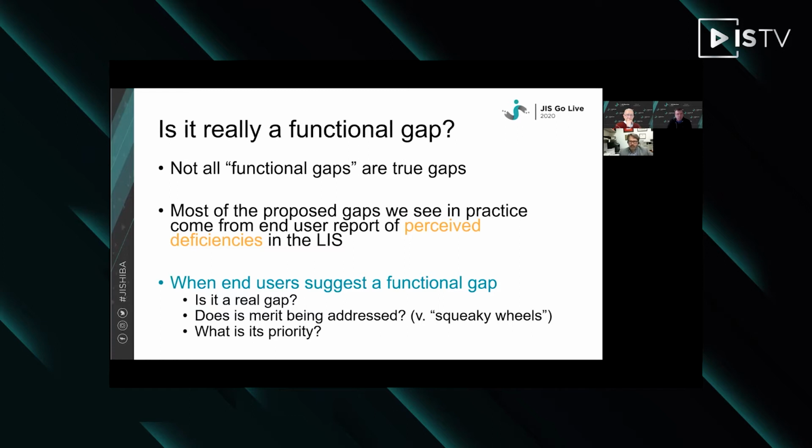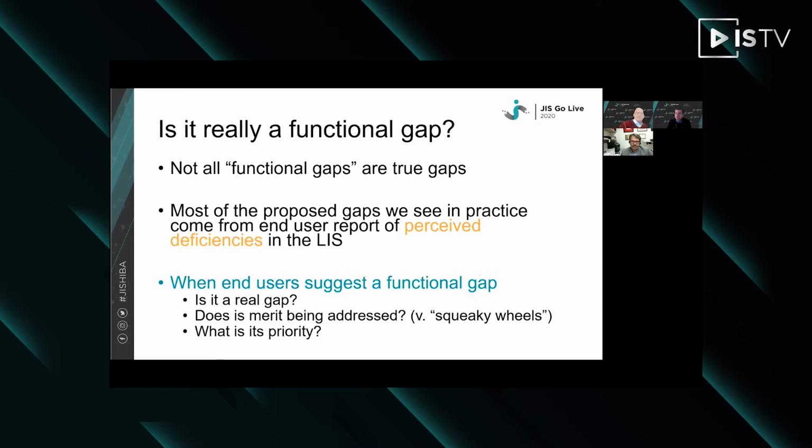I think it's really important when we're talking about functional gaps to recognize that all things that are identified, especially informally, as functional gaps may not always be true gaps. If you have leadership roles in your informatics team, you know that your users have many perceived functional gaps or perceived deficiencies in your information systems.